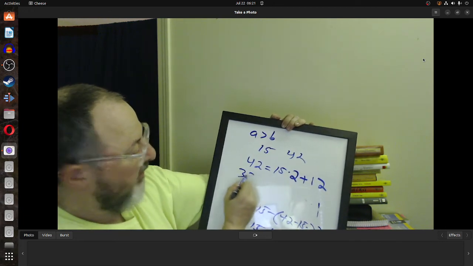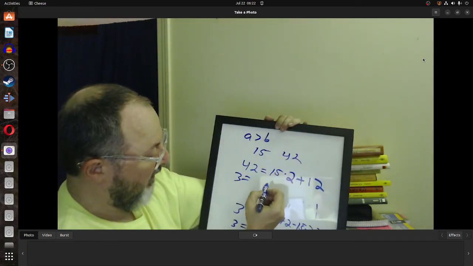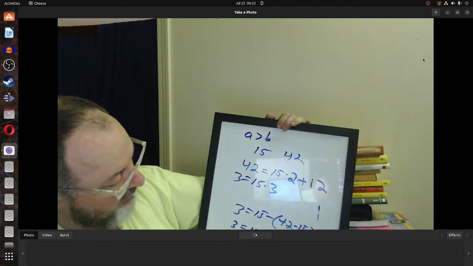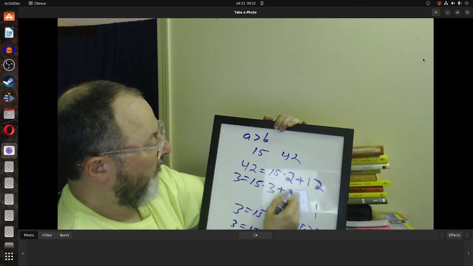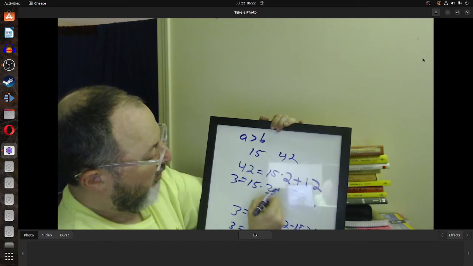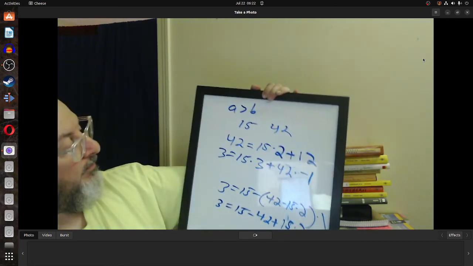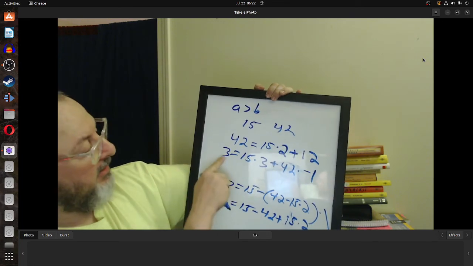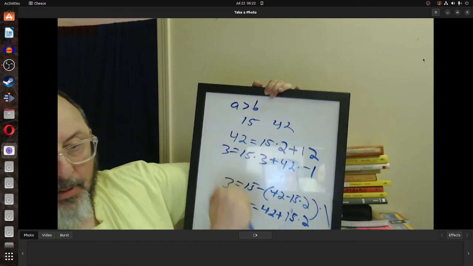So 3 is 15 plus 15 times 2. That's 15 times 3 minus 42, that's plus 42 times negative 1. So 45 minus 42 gives you 3. And here it is. 3 is a linear combination of the two numbers. Working back up, substituting.